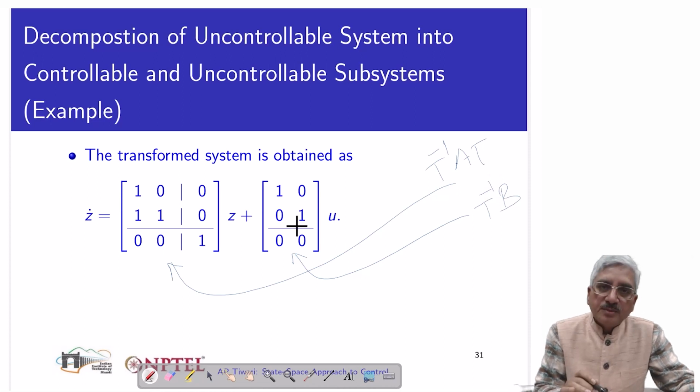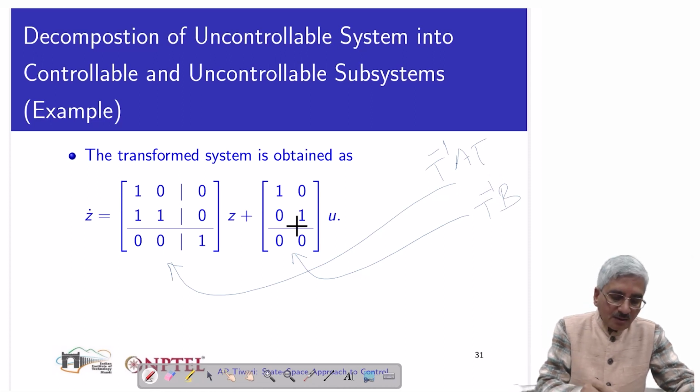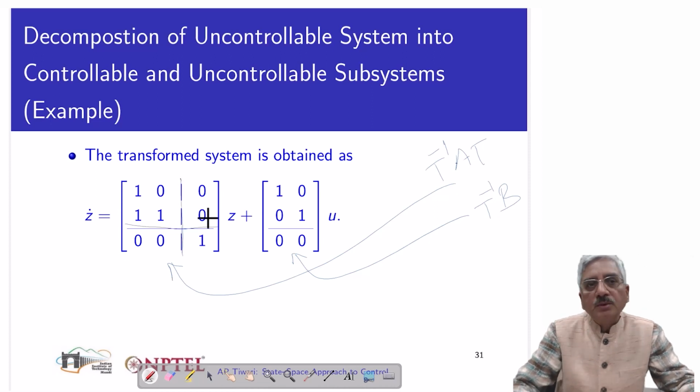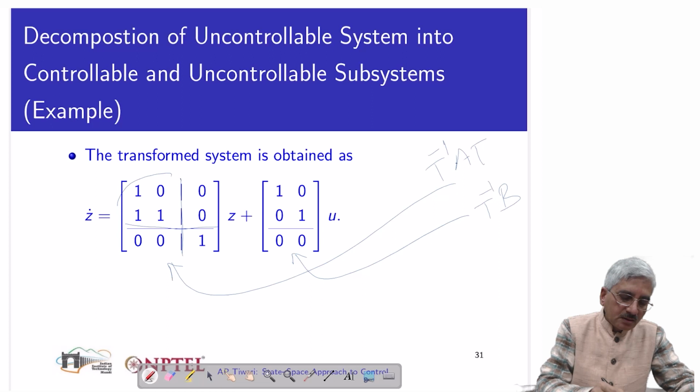This is A bar, this is B bar, and this partitioning is indicated here. The rank of Q was 2, so the dimension of the controllability subspace is 2, and the controllable system should have dimension 2, which is this.